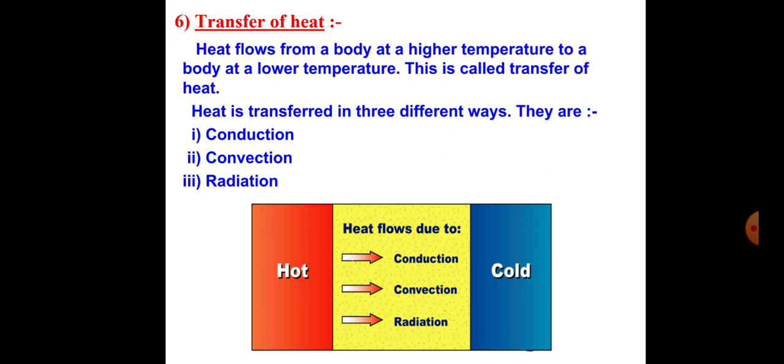There are three methods for transfer of heat. These are conduction, convection, and radiation. In all three cases, heat transfers from the hot body to the cold body, or from high temperature to lower temperature.